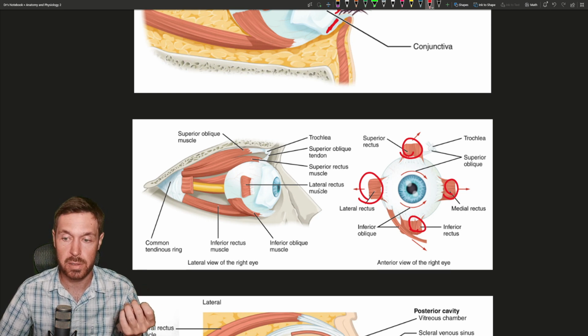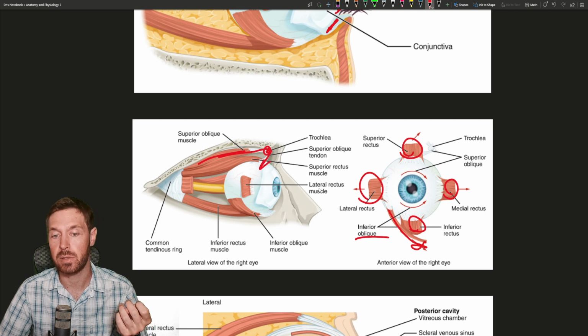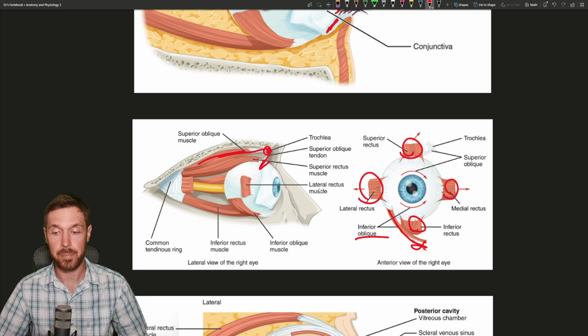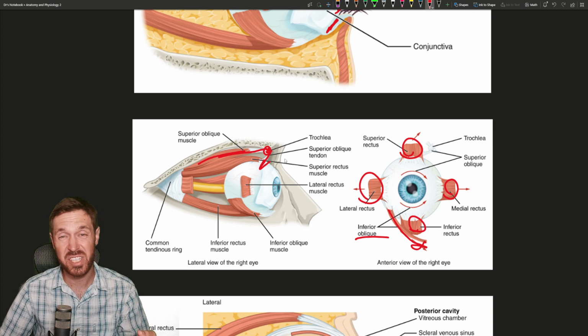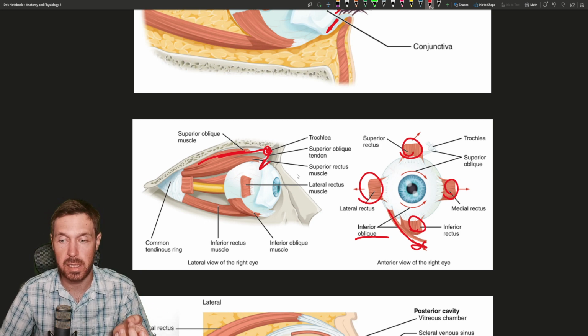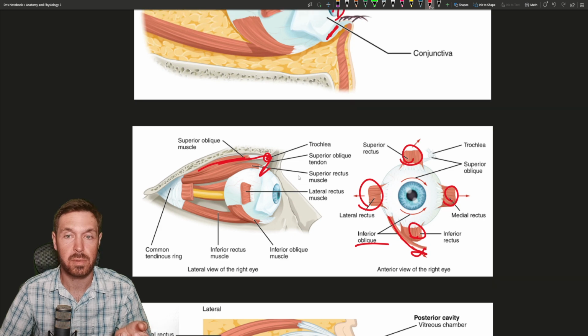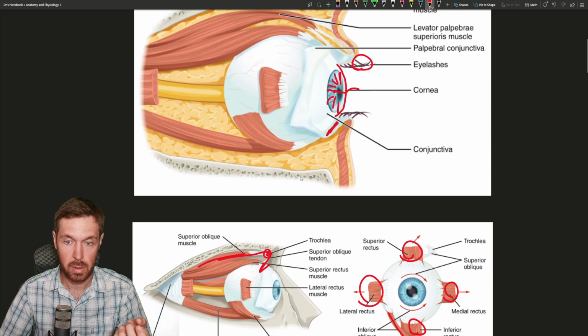And then there's also one that can move the eyeball down and around. That's called the inferior oblique. And it's hard to see, but there's also a superior oblique up here that wraps around a little ligament called a trochlea, and then it connects to the eye, so it moves it up and around. So you have six muscles around the eye conducting its movement, which is kind of cool.